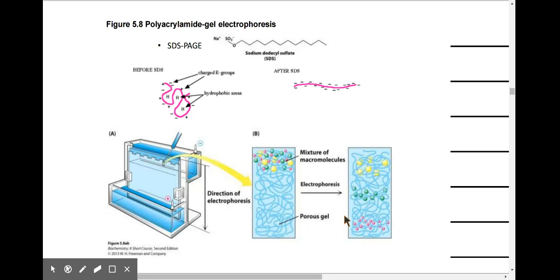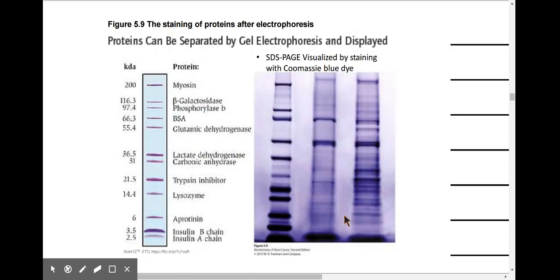The very largest proteins are going to be at the top of the gel, and the very smallest are going to be at the bottom of the gel, with all the sizes in sequence between. We can visualize that gel after we run it. You saw it was a clear polyacrylamide gel, basically colorless. We can stain it with Coomassie blue dye.